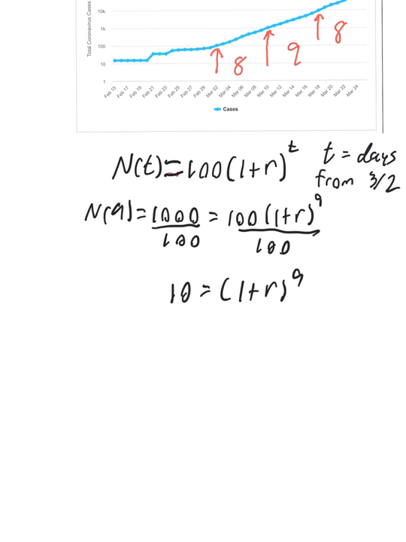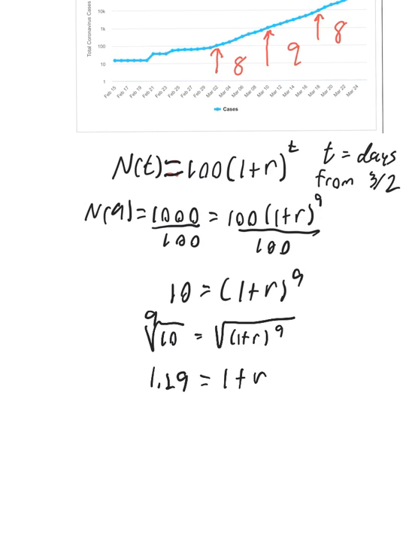To solve for r, we would want to take the 9th root of both sides. So we'll take the 9th root of (1 plus r) to the 9th. On the right-hand side, we're going to get 1 plus r. And on your calculator, the 9th root of 10 is going to be about 1.29.